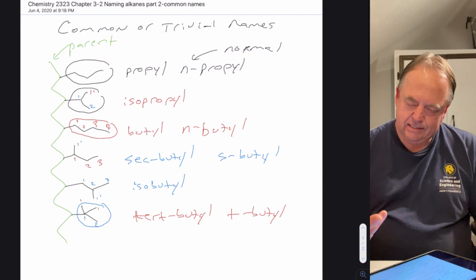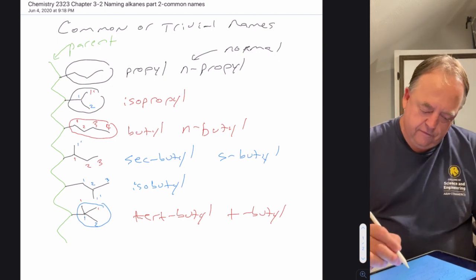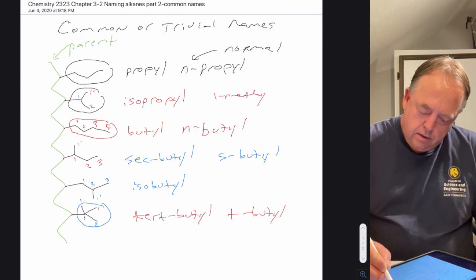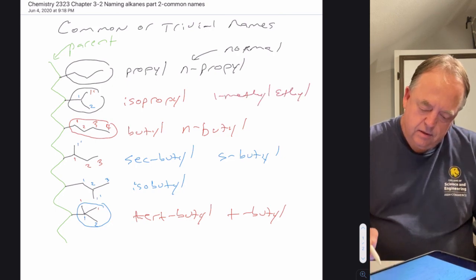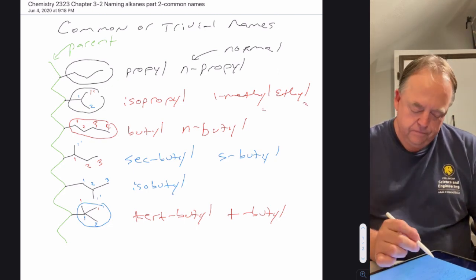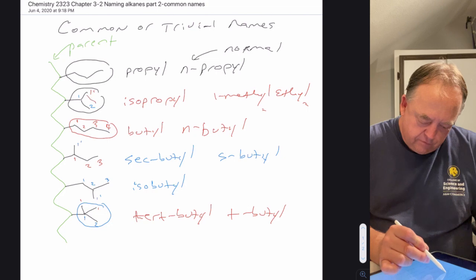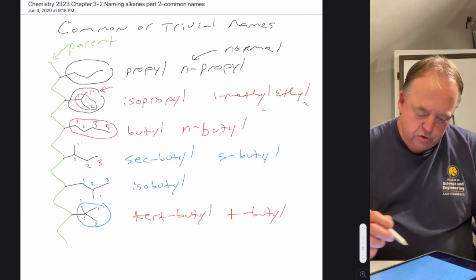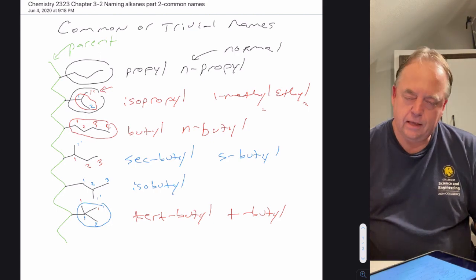You could use a systematic way to name them. For example, isopropyl could also be called 1-methylethyl. Right? Notice they both end in YL because they're all substituents. So the ethyl would be coming from here, 2 carbons, so that's the ethyl, and on the first carbon of the ethyl there's a methyl, so 1-methylethyl.